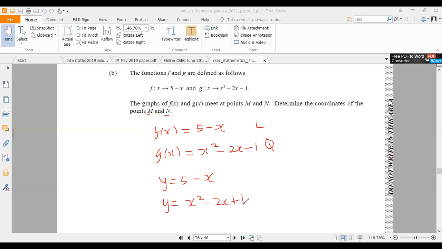Substitution. Method of substitution. Beautiful. So if you're going to use substitution, where you see y equals 5 minus x, put that into the next equation. You put y minus what?